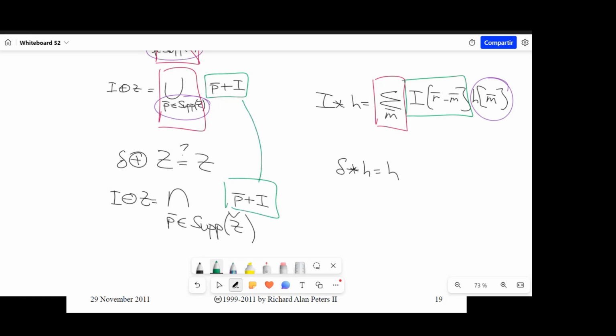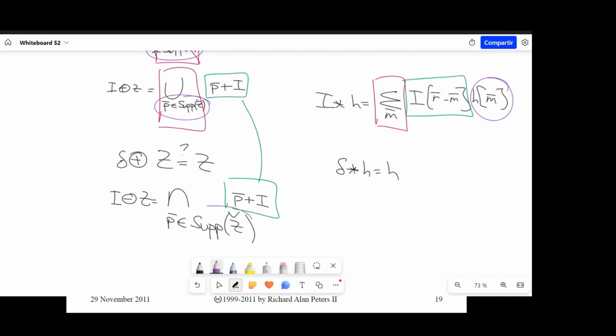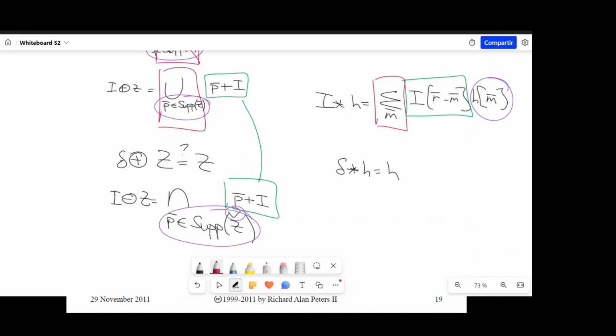The image is considered only for the points where the kernel is different from empty. In this case, the gathering operator is the intersection, it's not the union.